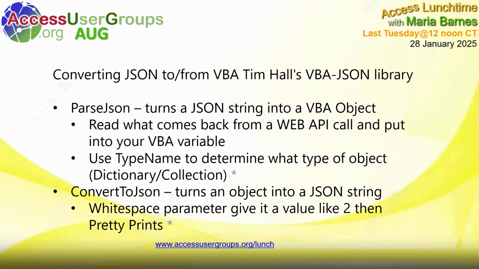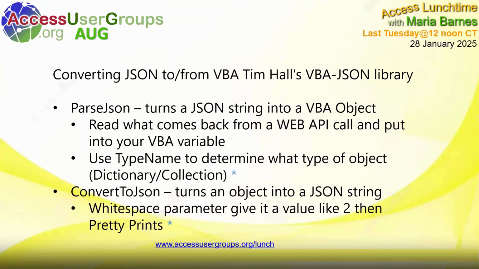These are the two main functions that you can use from Tim Hall's VBA JSON library to look at what you've got. Parse JSON turns a JSON string into a VBA object. You can read what comes back from a web API call, for example, and put it into a VBA variable, and then you can work with it.